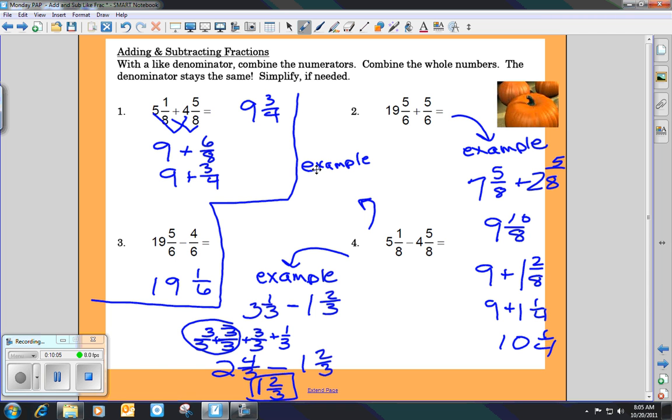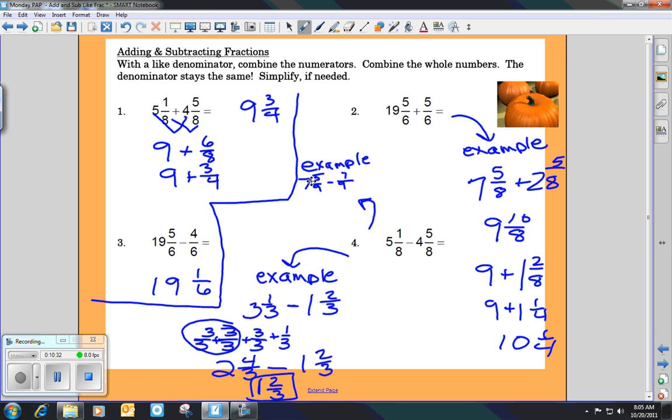If I have 7 and 5/9 minus 7/9, this numerator is smaller than that one. I'm going to have to borrow one of my wholes out of the 7 to make an improper fraction with the 5/9 so that I can subtract 7/9 from it.